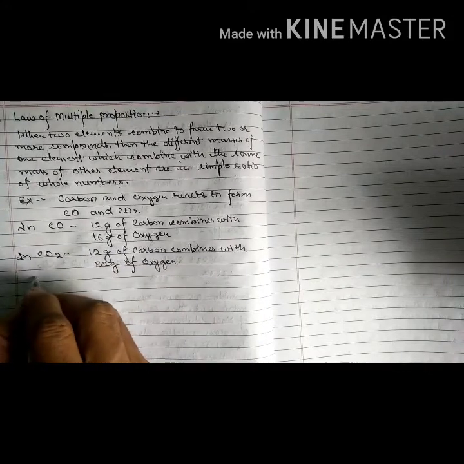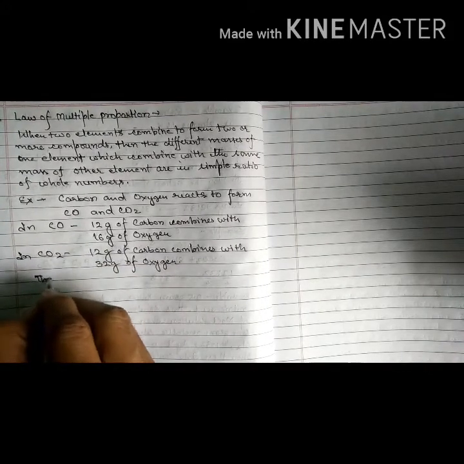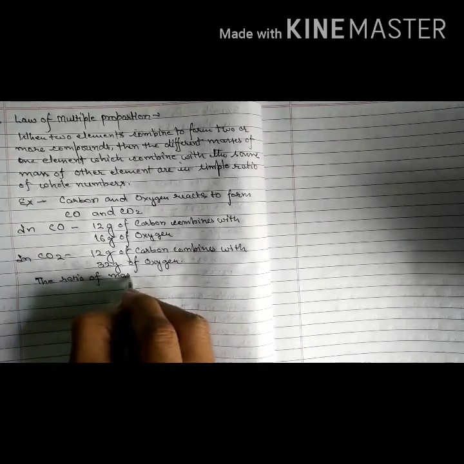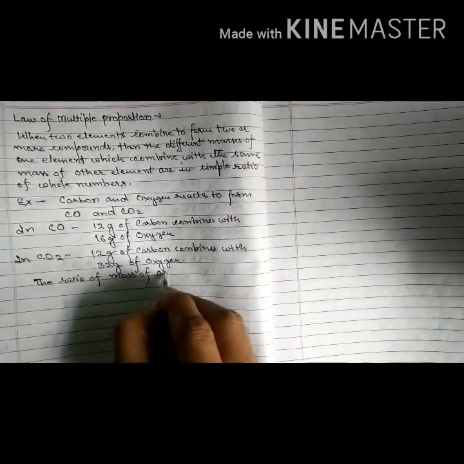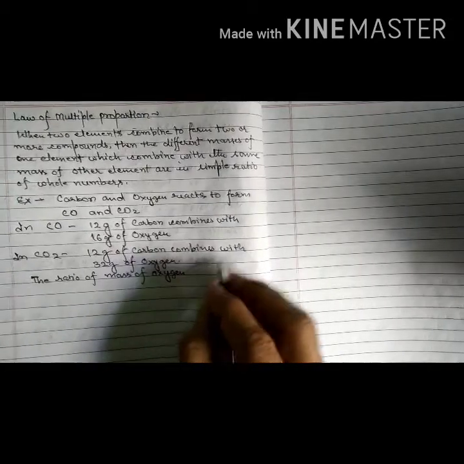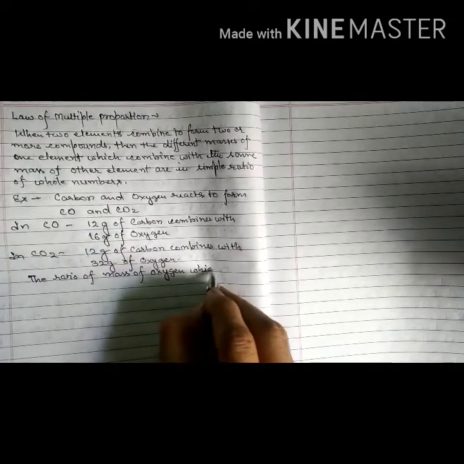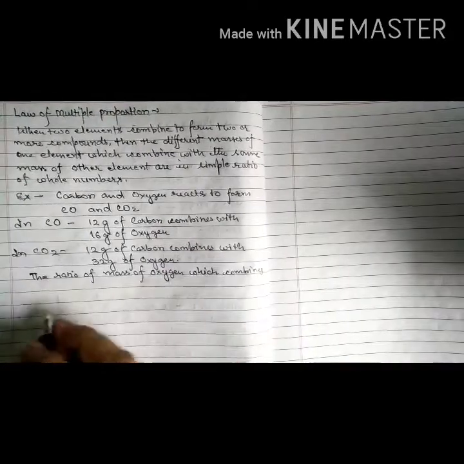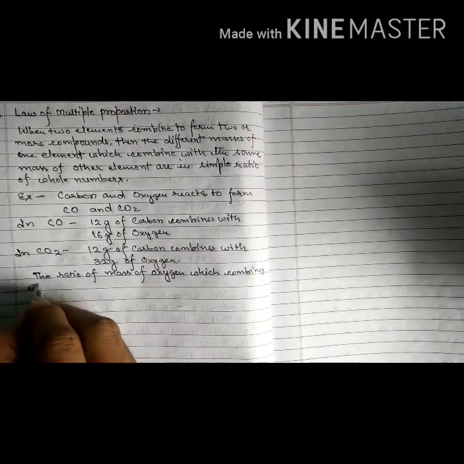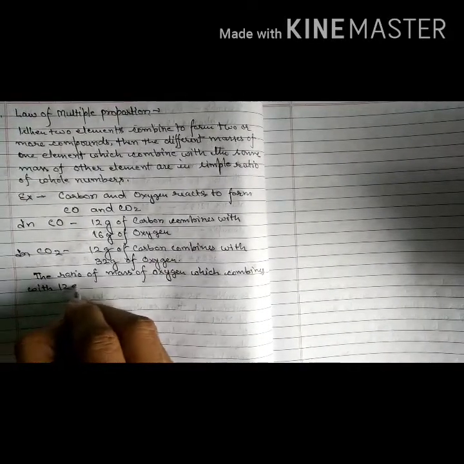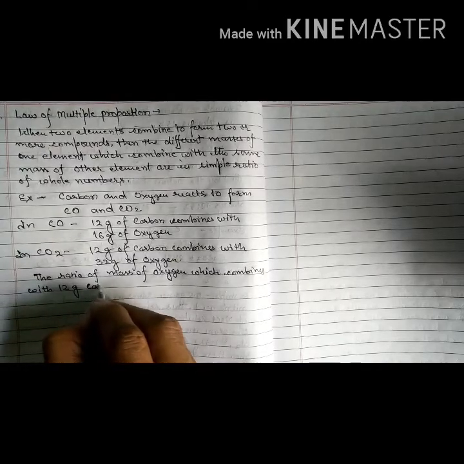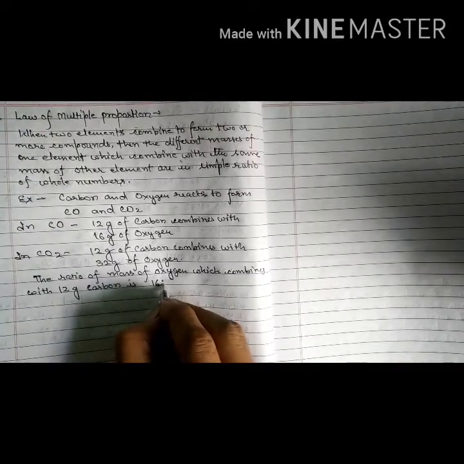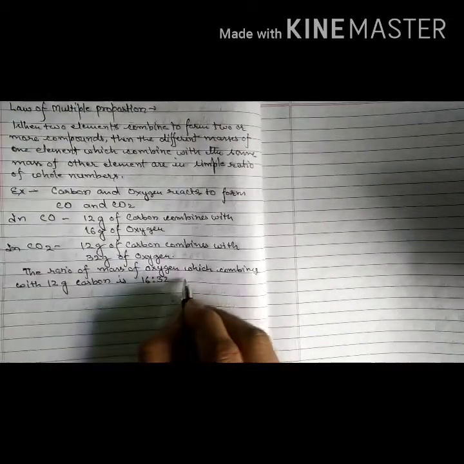Thus, the ratio of mass of oxygen which combines with 12 gram carbon is 16:32.